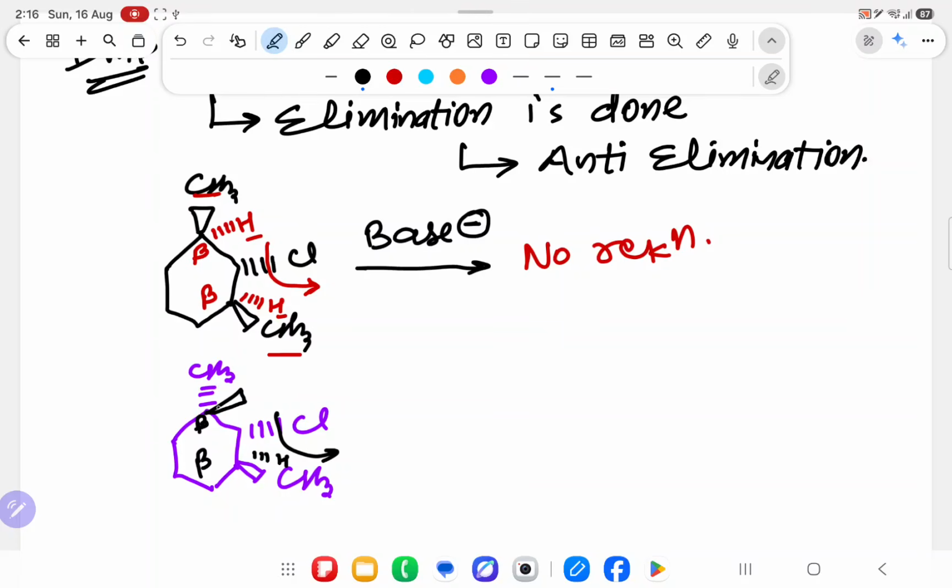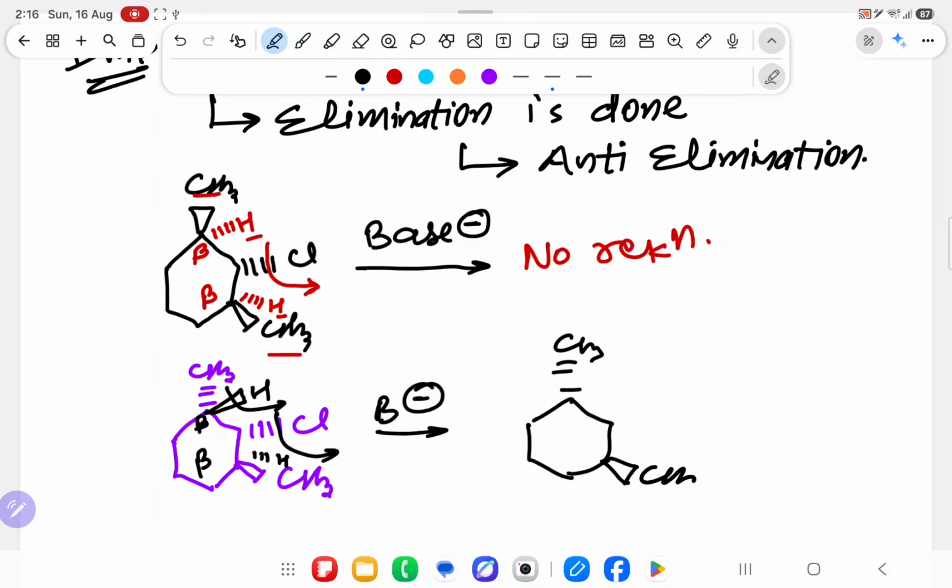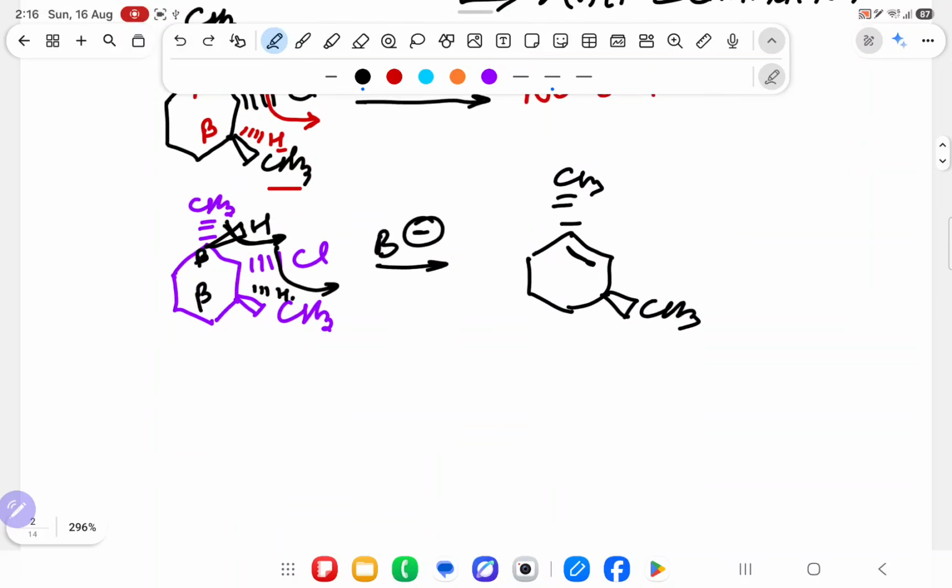But over here CH3 is on the dash, so hydrogen will be on the base, so this hydrogen will go. That is, if I take a negative base, only one side double bond will come. This CH3 will be as it is, this CH3 will be as it is, and the double bond will come here because you are able to remove this hydrogen. This hydrogen you can't remove, so the double bond will not come here. Understood the point?